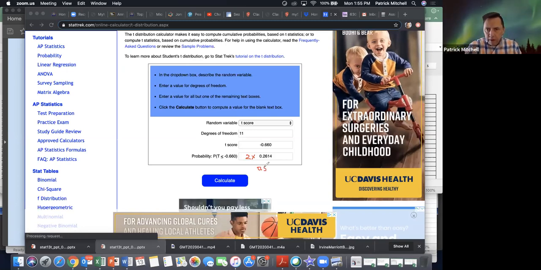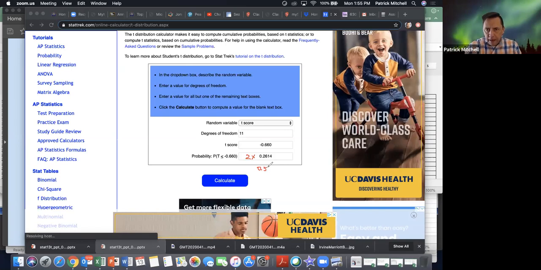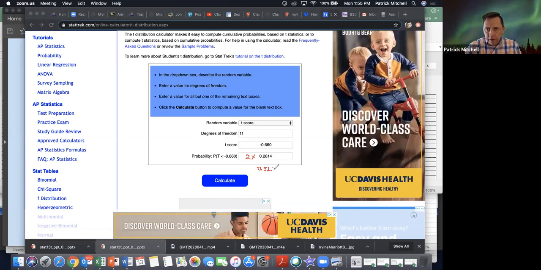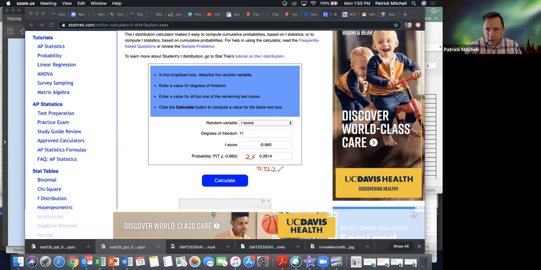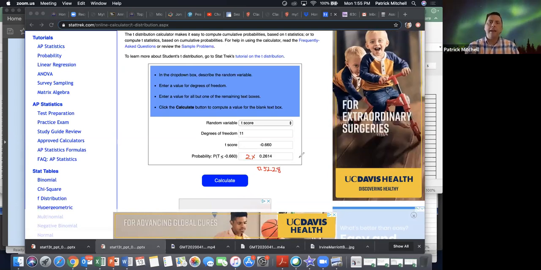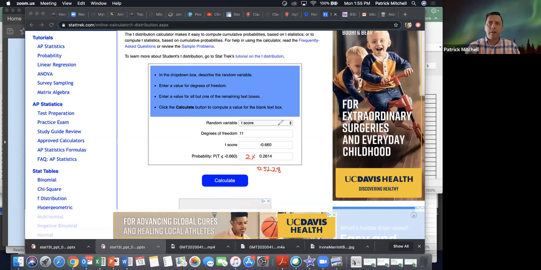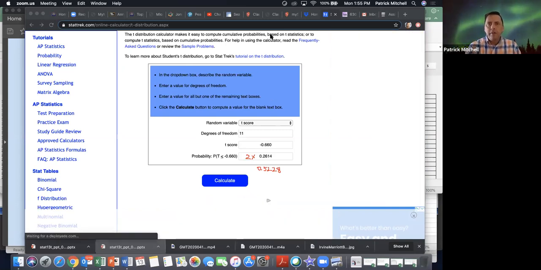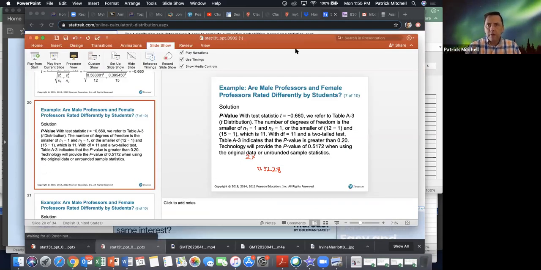Now that's a little different from the one that they got using technology, and that's because I think that they sort of let their technology do the whole thing. And so they use that fancier formula for the degrees of freedom. Okay, so let's go back to the presentation. Get rid of this. Okay.